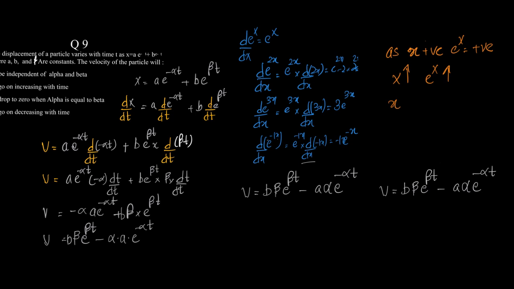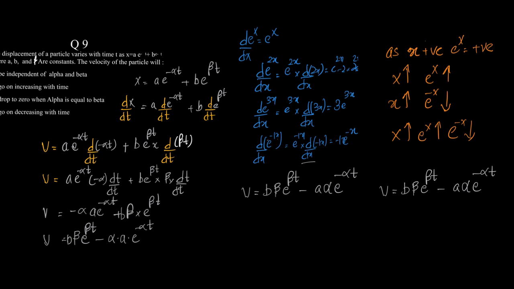And as x is increasing, what happens to e raised to minus x? E raised to minus x now decreases. Okay, so it's very simple logic. So as the value of x increases, e raised to x increases, and at the same time e raised to minus x will decrease.